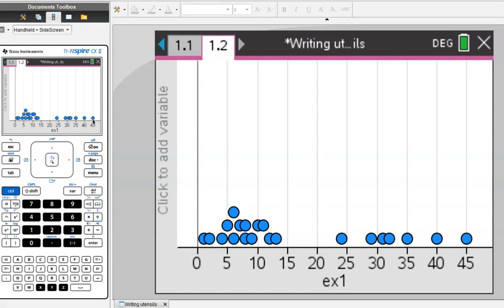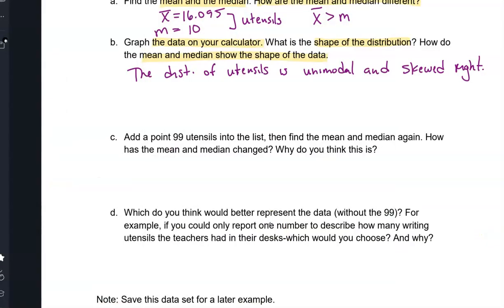So that is why in this case, the mean is higher than the median, because it takes into account these larger numbers.